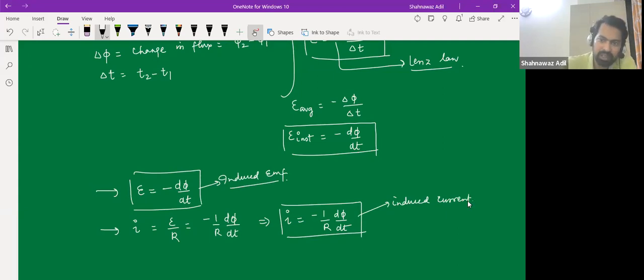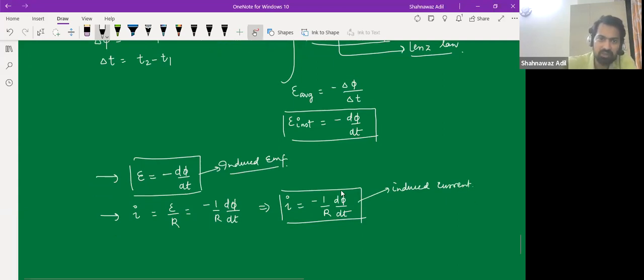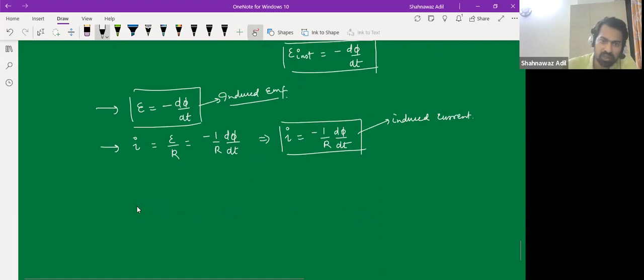And if we want to calculate the induced charge, we know that I, the instantaneous current, in terms of charge is what? Third chapter. What is electric current, guys?